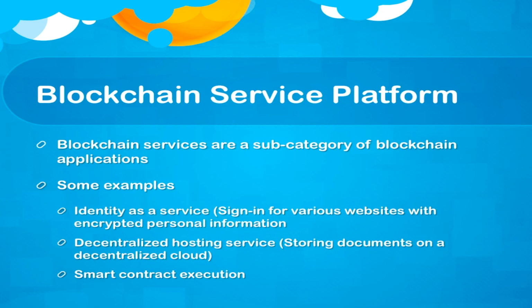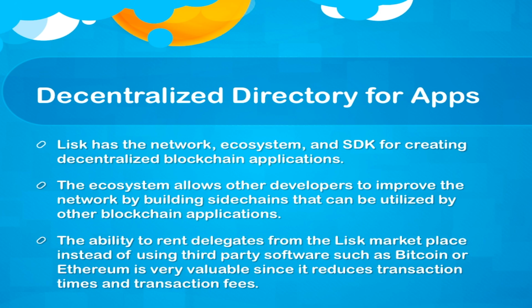It also includes a blockchain service platform. Blockchain services are a subcategory of blockchain applications. Some examples are identity as a service, so signing in for various websites with encrypted personal information; decentralized hosting service, such as storing documents on a decentralized cloud; and smart contract execution.